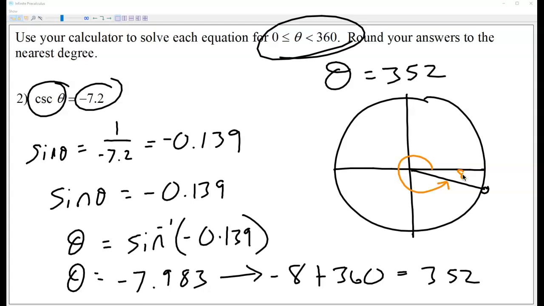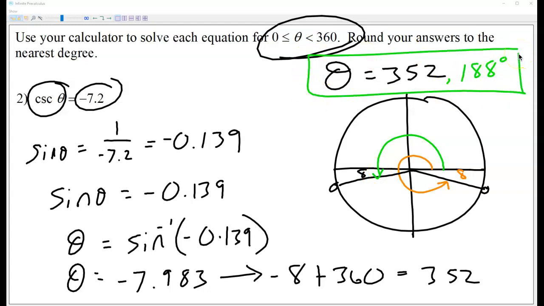We know that the one that matches sine would be the one to the left, so it'd be over here. So this has to be 8 also, and therefore the angle of this second one is 180 plus 8, and my second answer is 188 degrees. And there we have it.